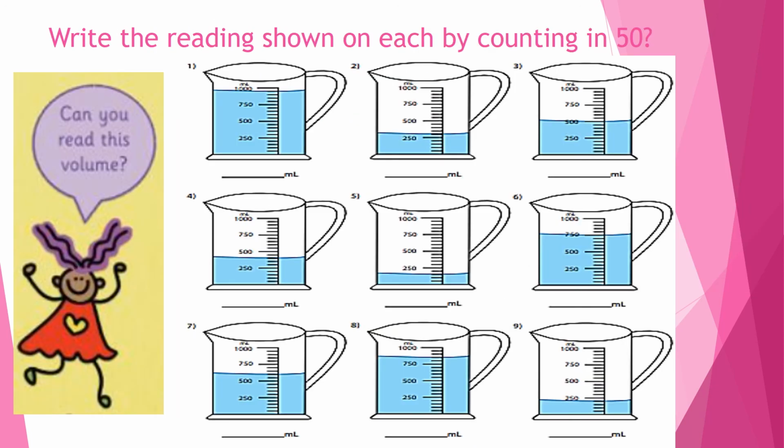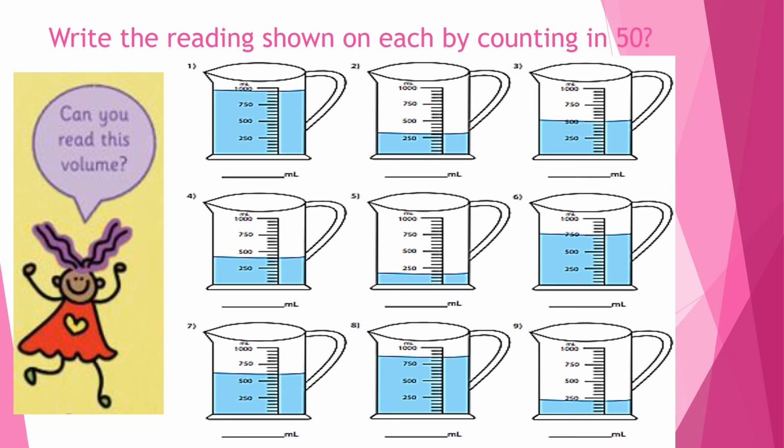Hello, my friend. Okay, I'm sure by now you're able to read milliliters and liters on containers. So we have an activity, and the instruction says write the reading shown on each of the containers by counting in 50s.